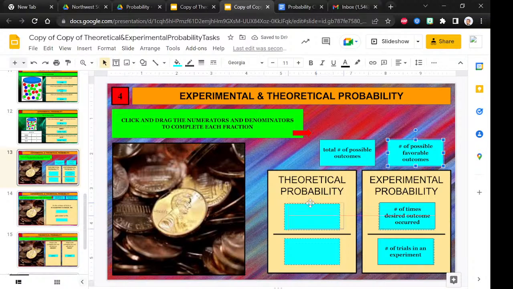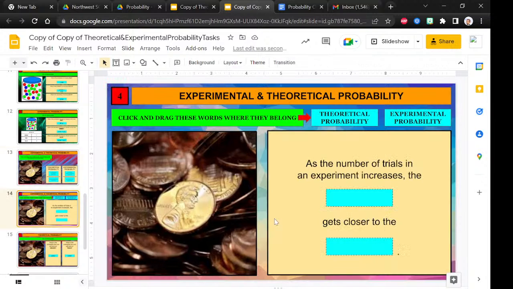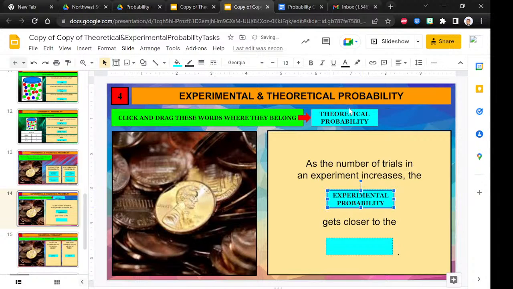Possible comes down to theoretical probability. Number of possible favorable outcomes, and the total number of possible outcomes. So, here we go. As the number of trials of the experiment increases, yes, the experimental probability gets closer to the theoretical probability.